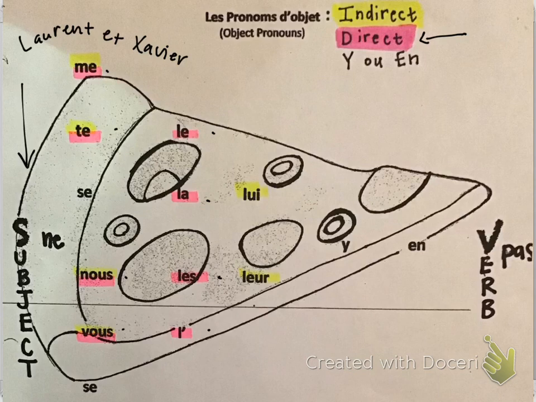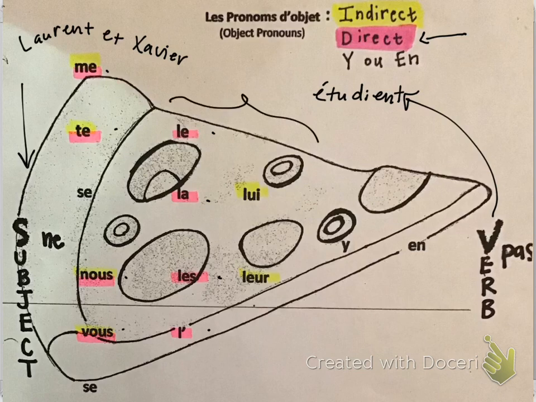And then I want to say study, verb. And between that is going to be all my pizza toppings. Laurent et Xavier study them. Them is les for our direct objects. Okay? So hopefully that visual helps you guys.